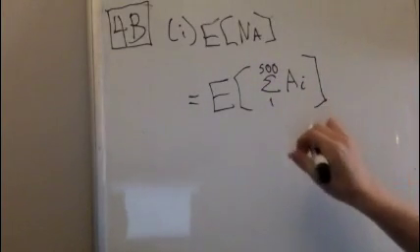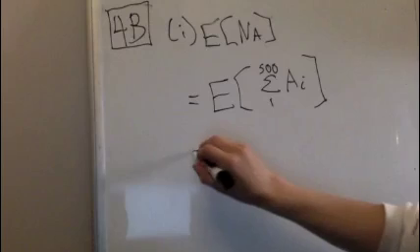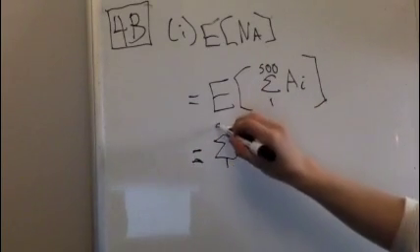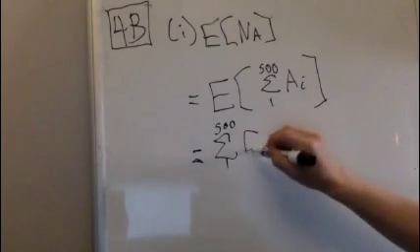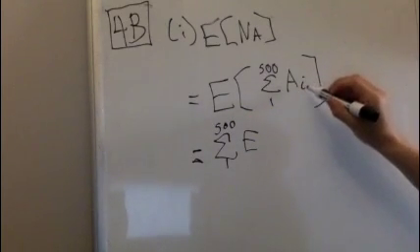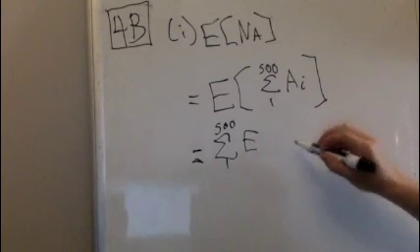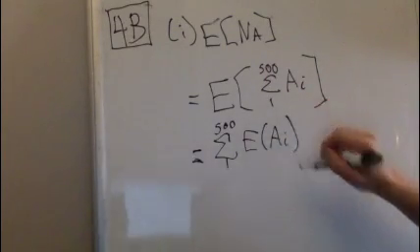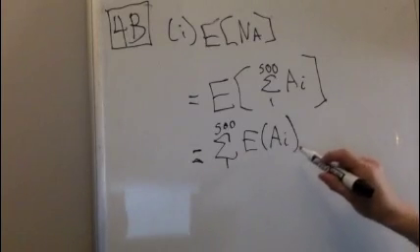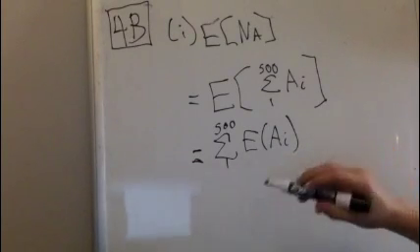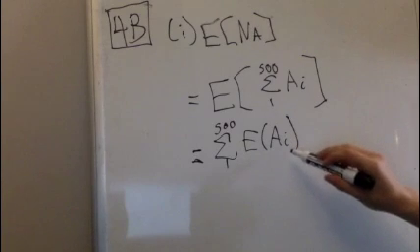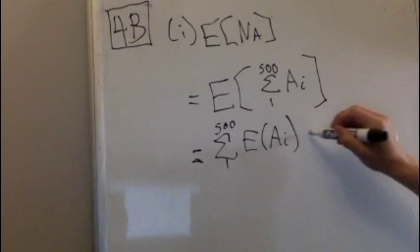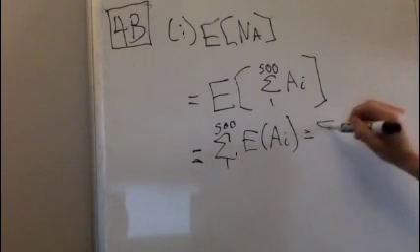Now, because of linearity of expectation, you know that you can just distribute the sum, because the expectation of the sum of a bunch of random variables equals the sum of each random variable. Expectation of AI, well, we talked about earlier how expectation of an indicator random variable is just the probability it equals 1.